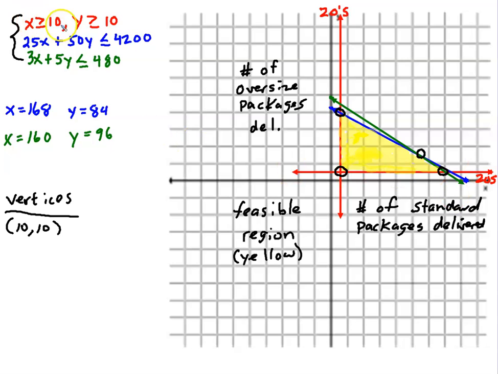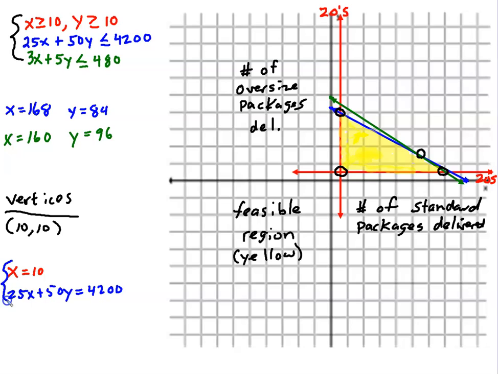Okay, so instead of x greater than or equal to 10, let's say that I said it's equal to 10. And then I take the blue in its equation form. 25x plus 50y equals 4200.